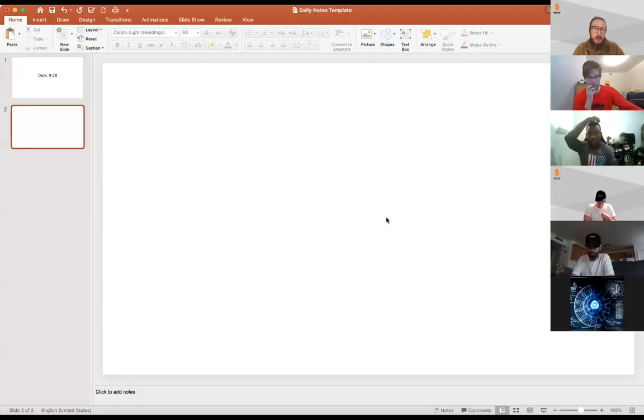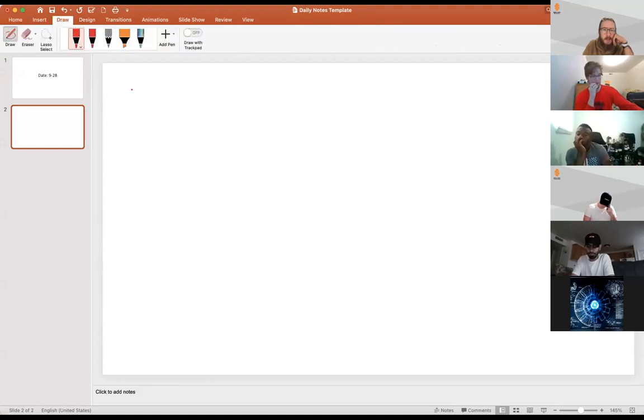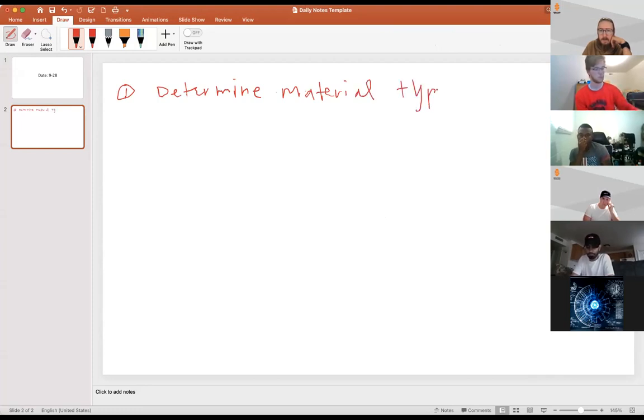So when you have the boundary condition, you should determine the material types that you have.